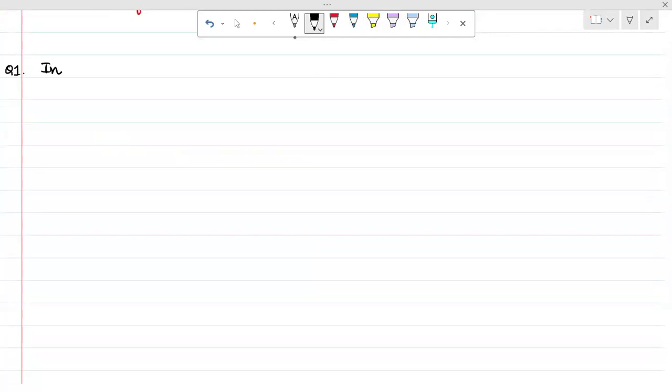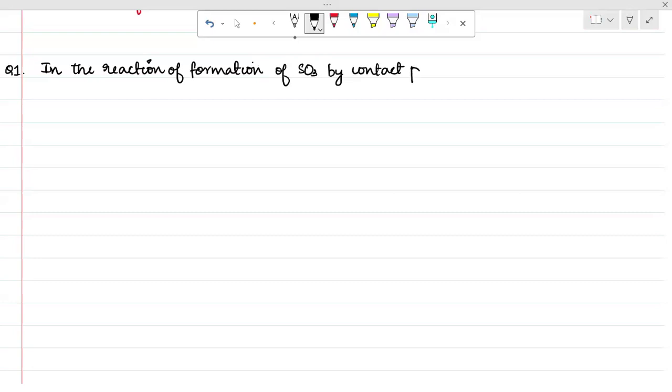In the reaction of formation of SO3 by the contact process, the process is given: 2SO2 plus O2 giving 2SO3.